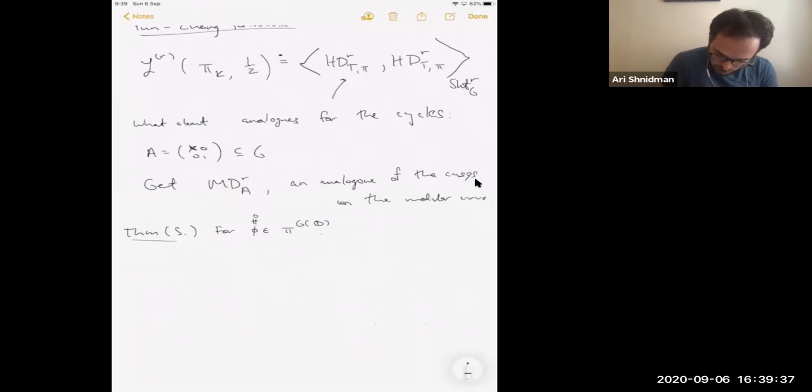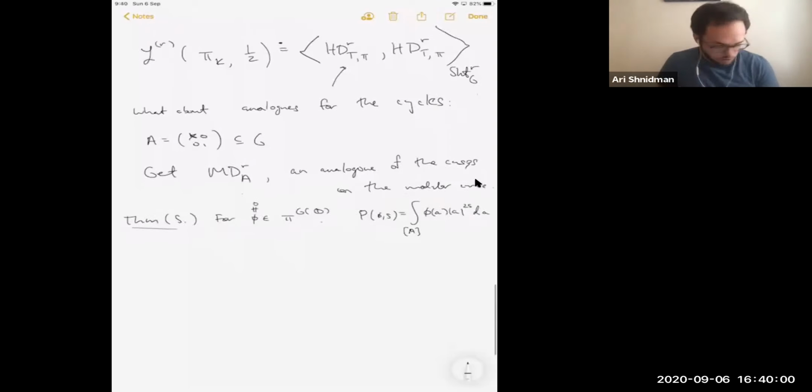Let me first make notation. We'll define P(phi, s) to be this Mellin transform. So I integrate over A, phi of a, to the 2s. That's my Mellin transform. This is essentially like a shift of the L function.